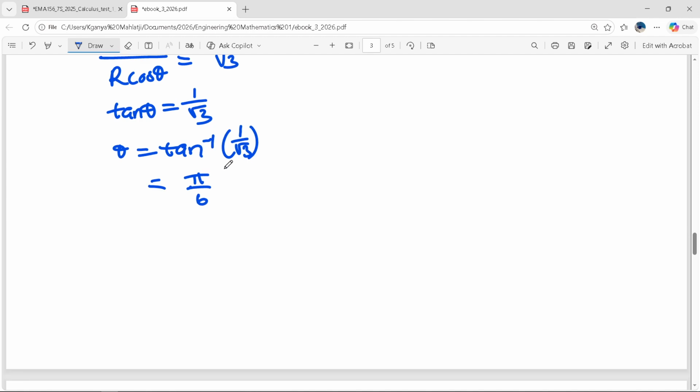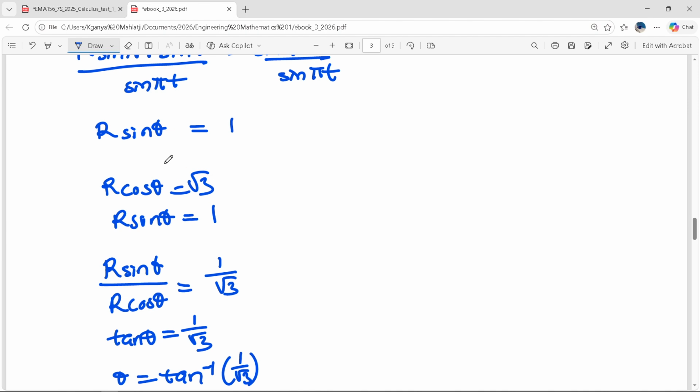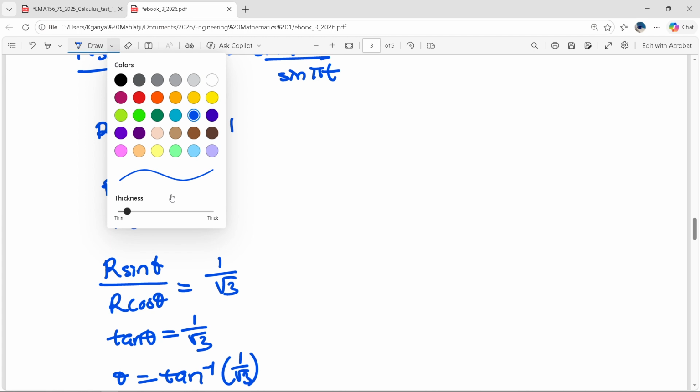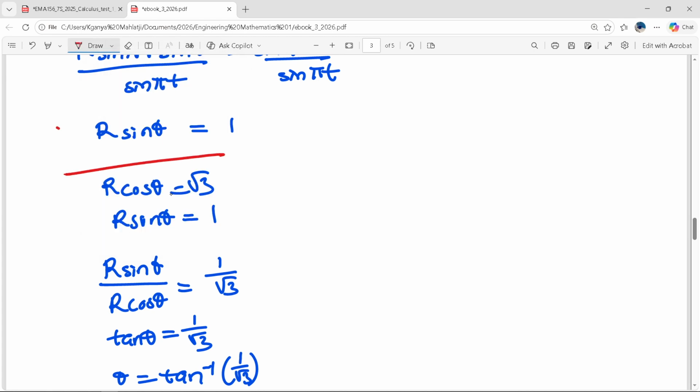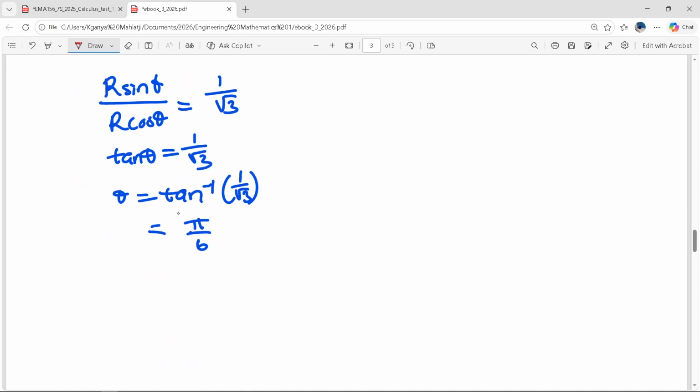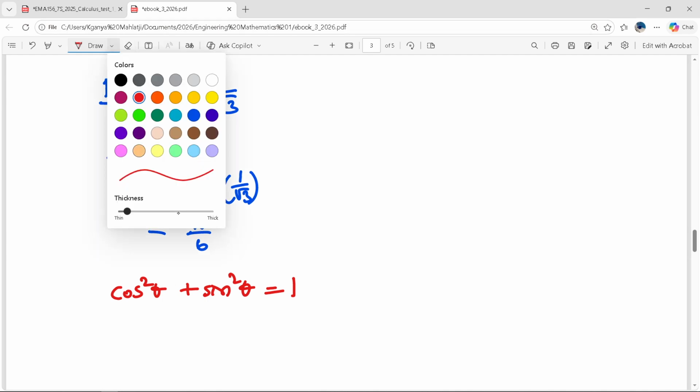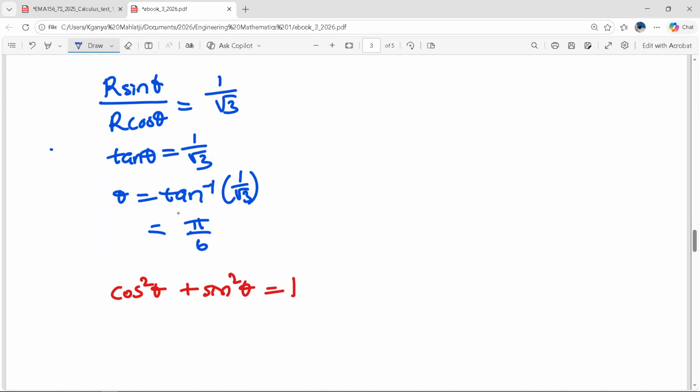Now let's determine the value of r. We still use the two equations that we have. Here we're going to use this identity, cos squared theta plus sine squared theta equal 1. Let's begin.